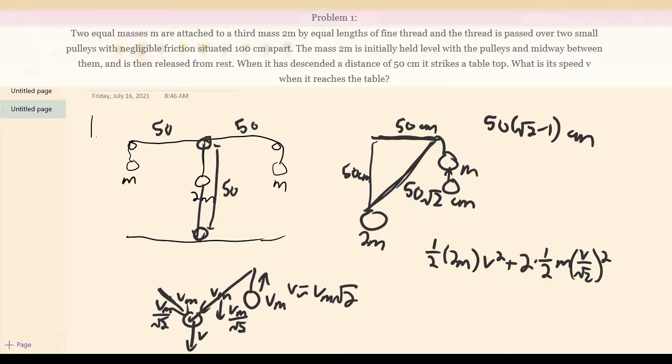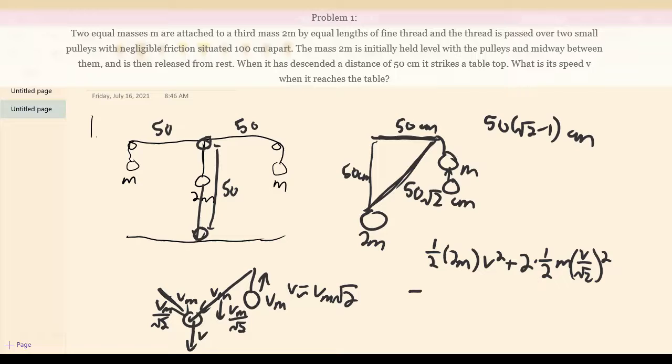What we also know is that the large mass has moved down, and when that happens, the gravitational potential energy becomes smaller. So minus the difference in gravitational potential energy.